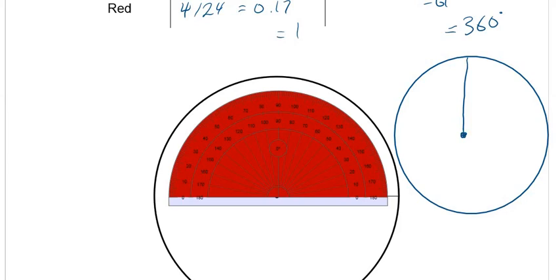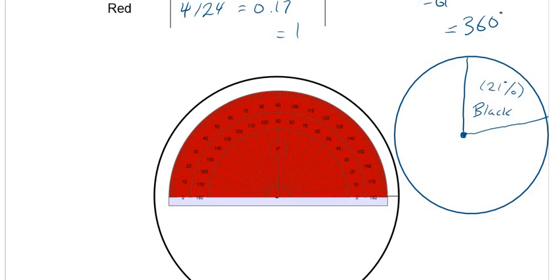And we're going to start with black. And we said that was 76 degrees. So with my protractor here, I'm going to draw 76 degrees. And we're going to label that black. And we can put in the percentage too, just so people know exactly, because knowing the percentages is helpful.